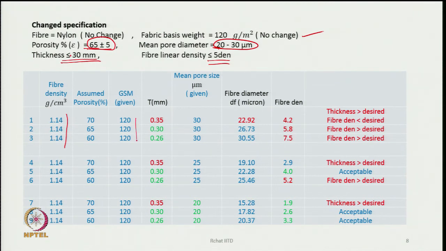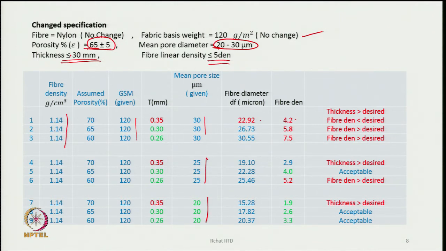GSM does not change. Thickness should be less than 0.30 mm, that is the requirement that has been stated. Mean pore size should lie in the range of 20 to 30, so we are taking 30, 25 and 20, and repeating. Then we are calculating the fiber denier.